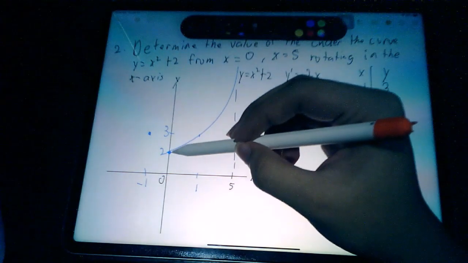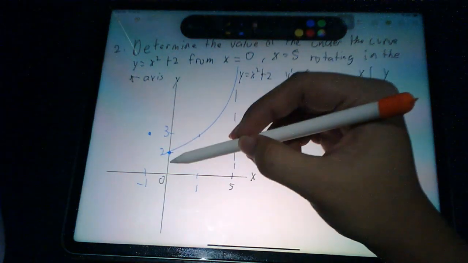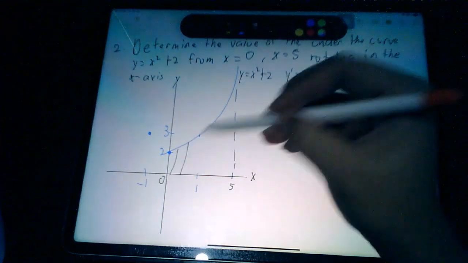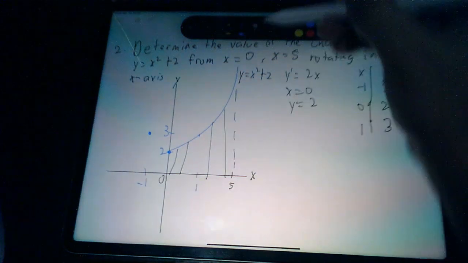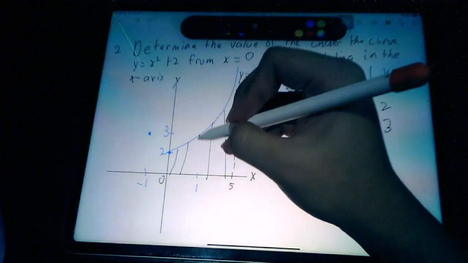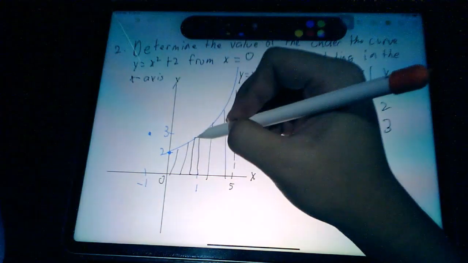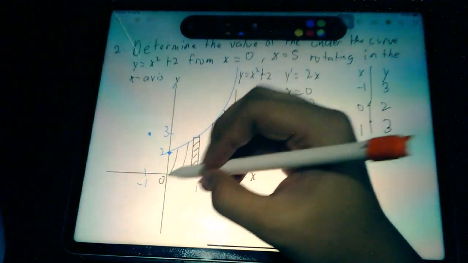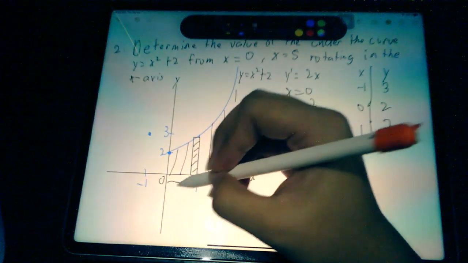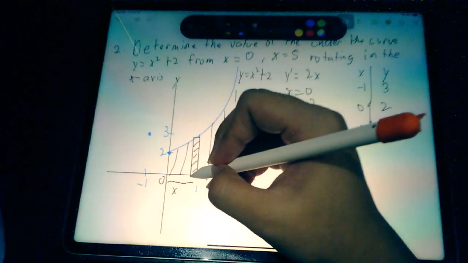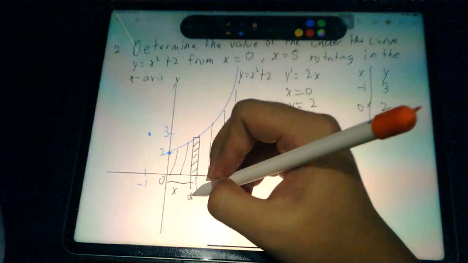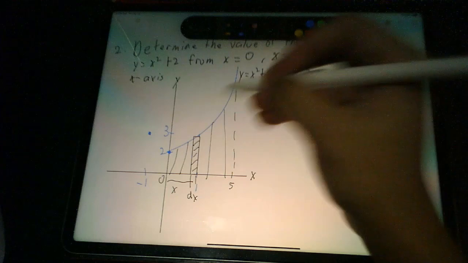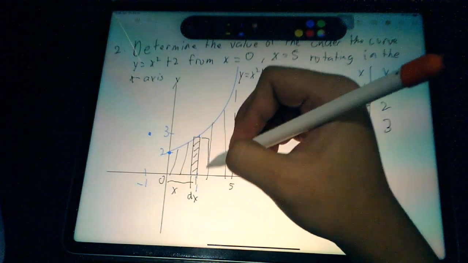From x equals 0 to x equals 5, this is our interest. Let's say we put a vertical strip here, and then we label it from the origin to the point here is equal to x, and the thickness of the vertical strip is dx, and this is y.